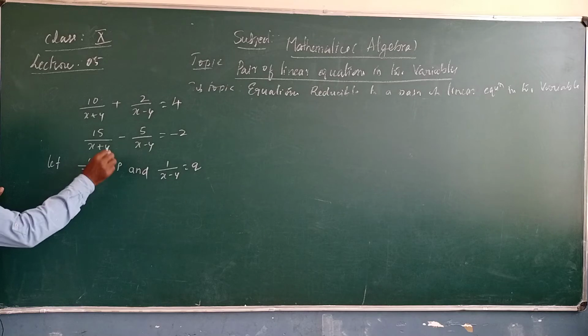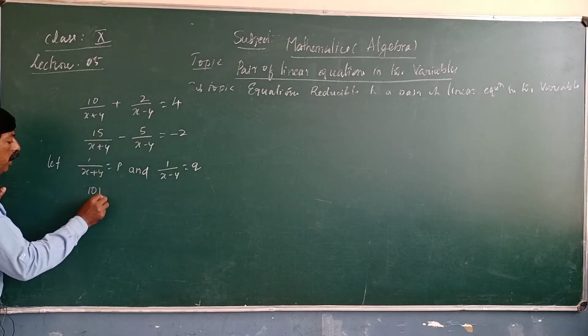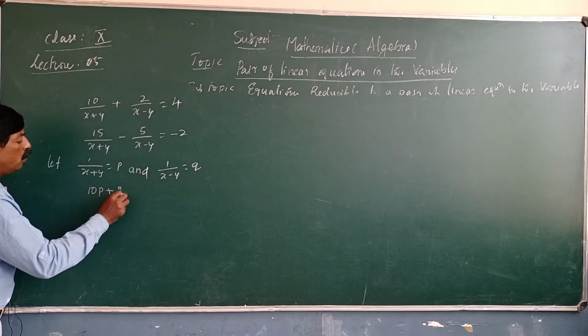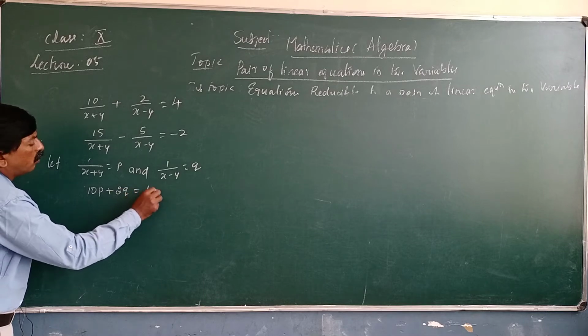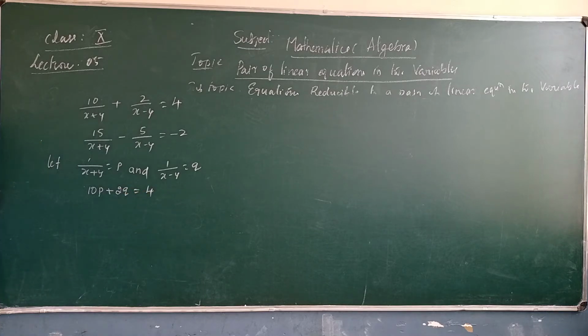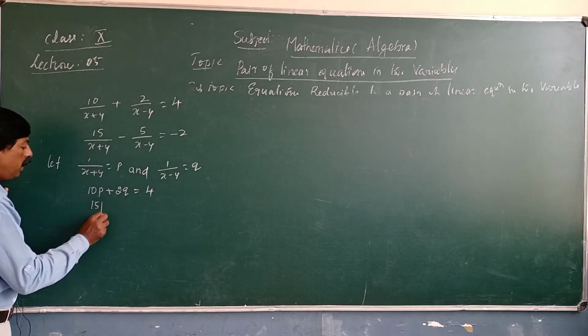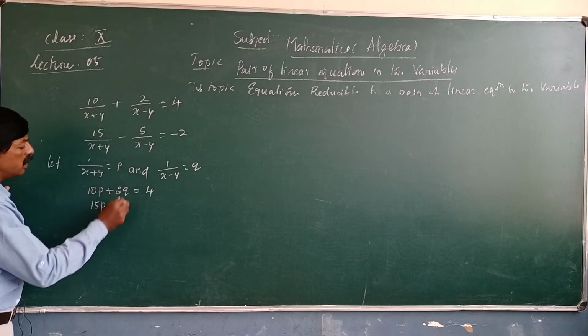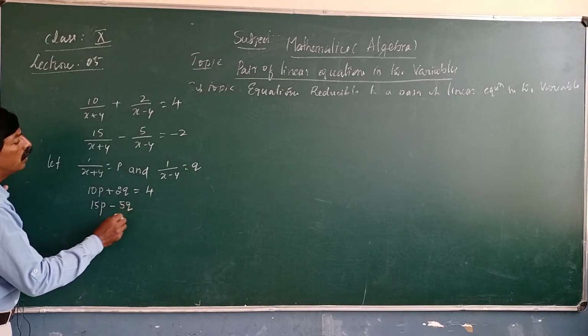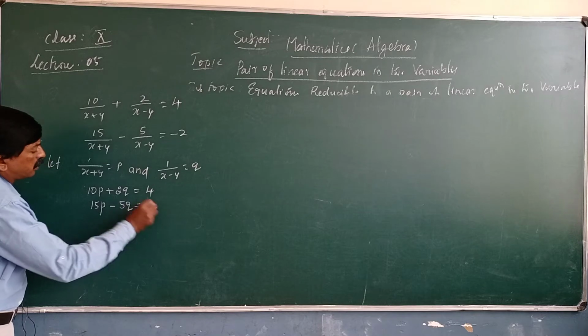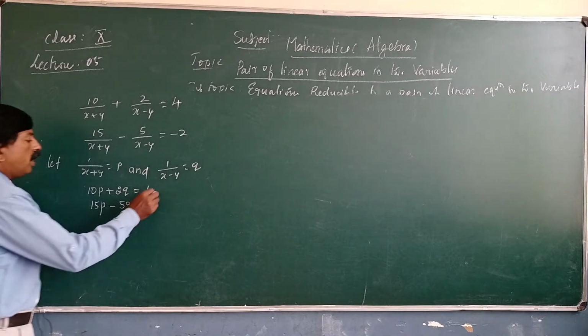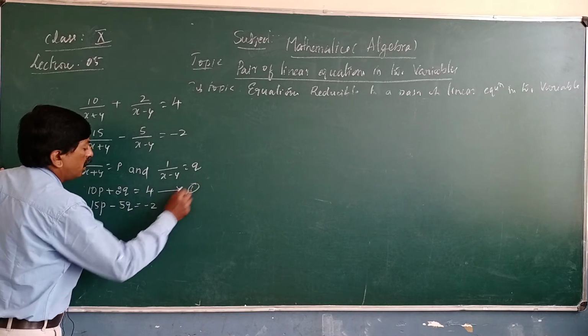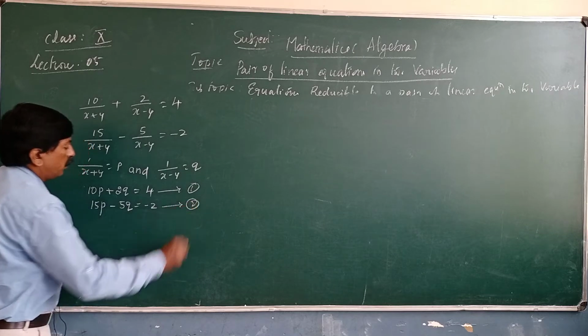Therefore, the equations will become 10p plus 2q is equal to 4, and another equation, 15p minus 5q is equal to minus 2. Call this as 1, this as 2.